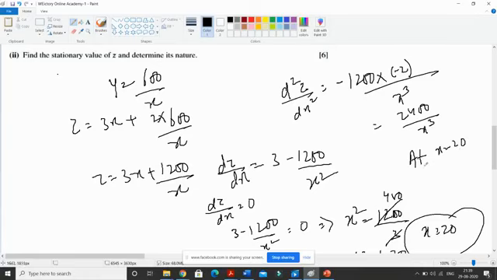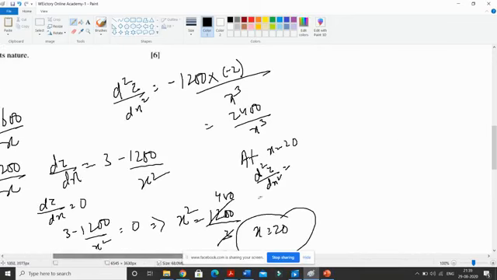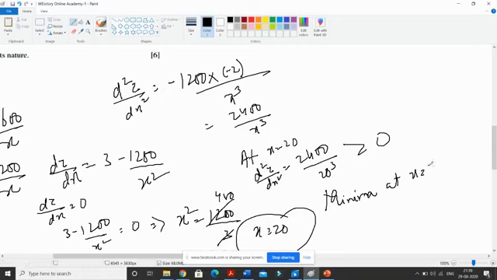You will get d square z over dx square equal to 2400 over 20 cube, which is greater than 0. Okay, if it is greater than 0, then it is a local minima at x equal to 20.